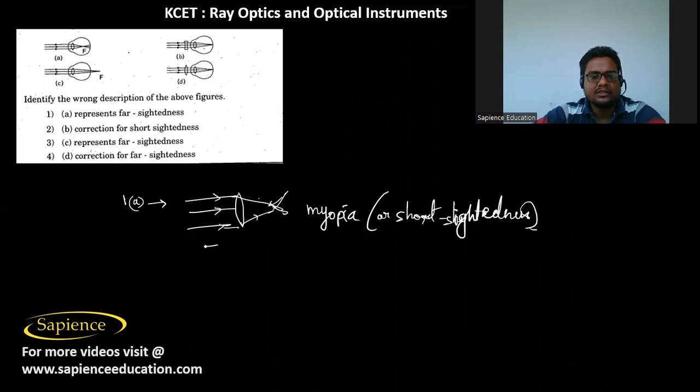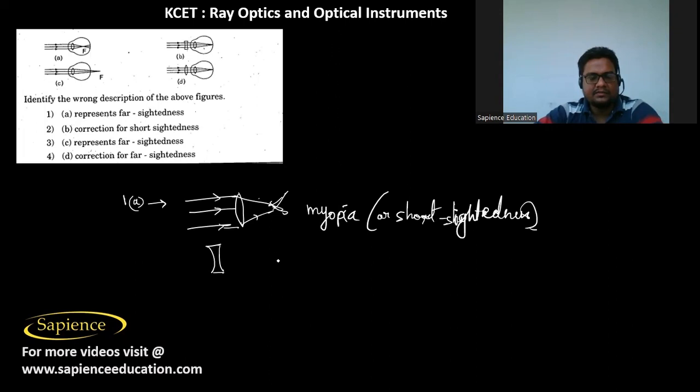Since in short-sightedness we need a concave lens or a diverging lens. And then C represents farsightedness only. And then D is the correction of farsightedness.